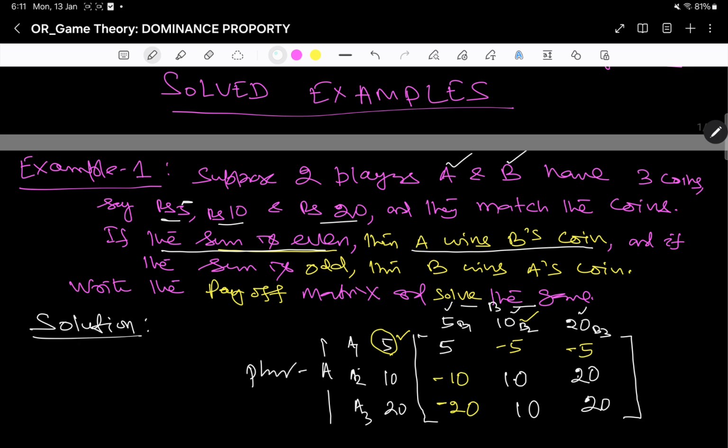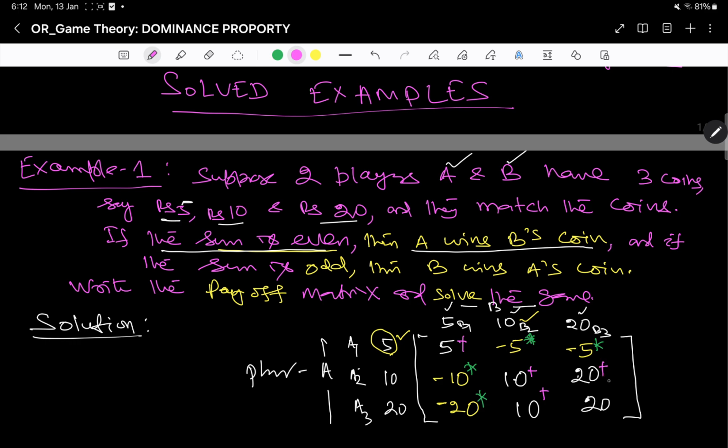So now first we see whether there is any saddle point. In the first row, the row minimum is minus 5, and we star it. In the second row, the row minimum is minus 10. In the third row, the row minimum is minus 20. Now in the first column, the column maximum is 5. In the second column, the column maximum is 10.